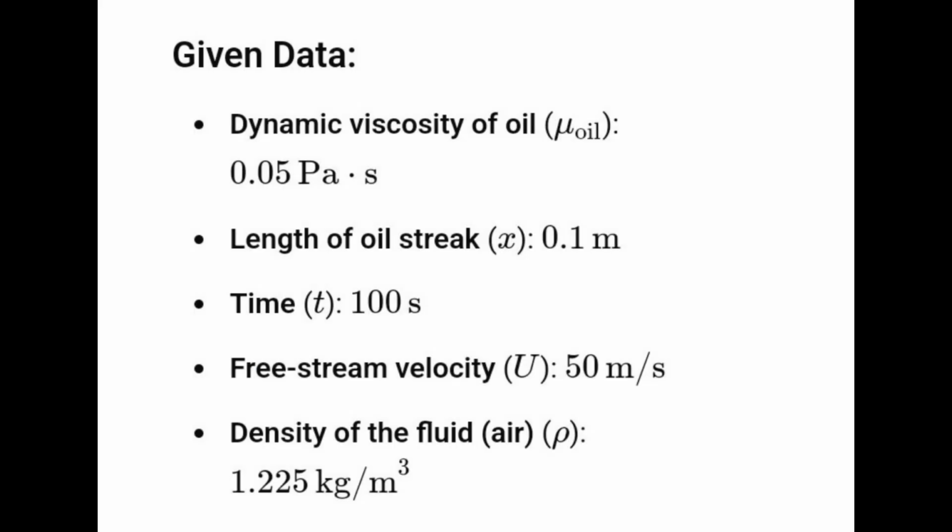So we have the given dynamic viscosity of oil, 0.05 Pascal second, length of oil streak, 0.1 meter, time 100 seconds, free stream velocity of 50 meters per second, and the density of air, 1.225 kilograms per cubic meter.